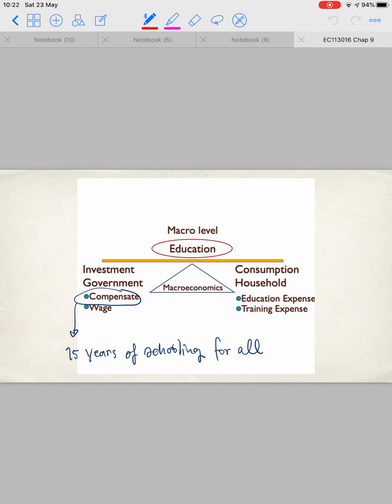At the macroeconomics level, remember, GDP equals consumption plus investment plus government expenditure. In terms of an open economy, we add export minus import.